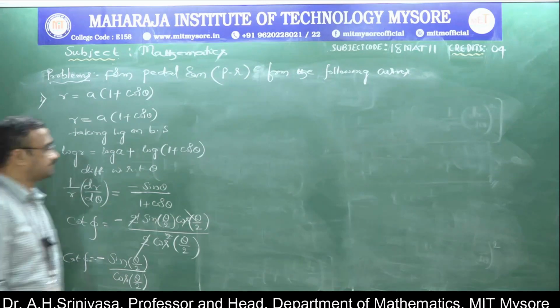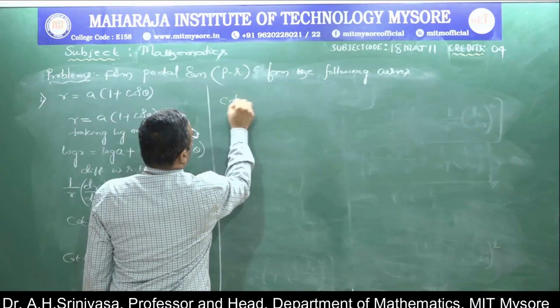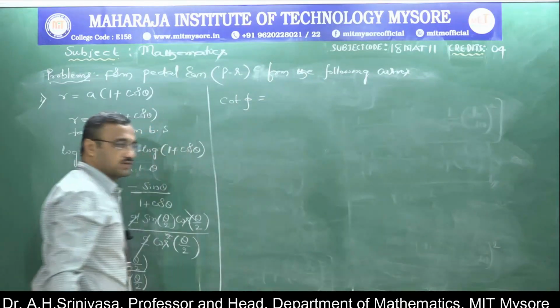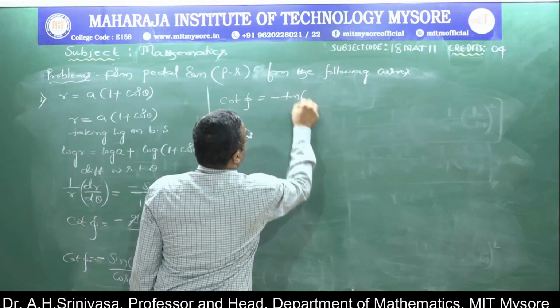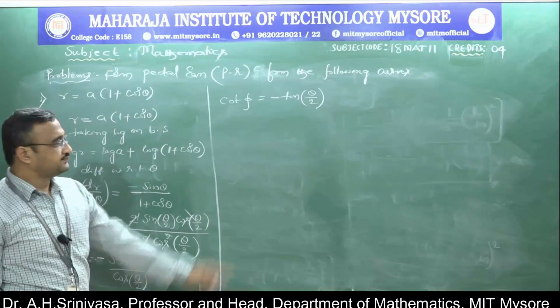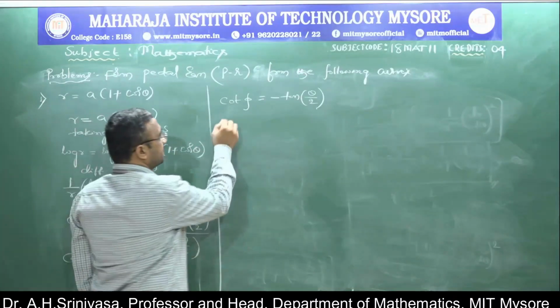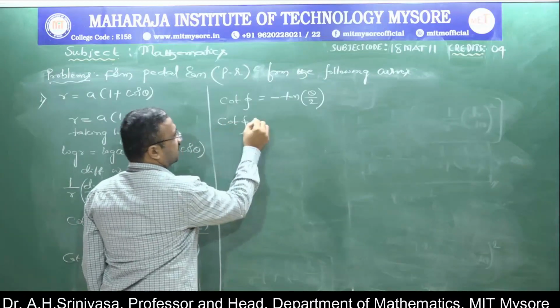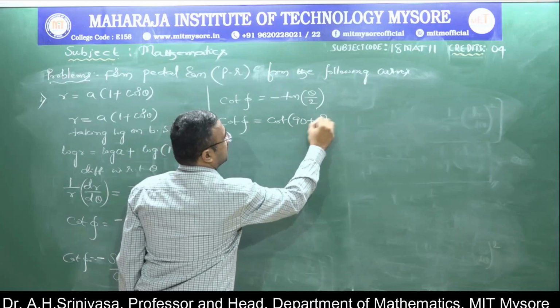So we know that cot phi should be equal to minus times tan theta by 2. Now I am going to convert the tan in terms of cot by using allied angles. This is cot phi should be equal to, can I write this in this form, 90 plus theta by 2.